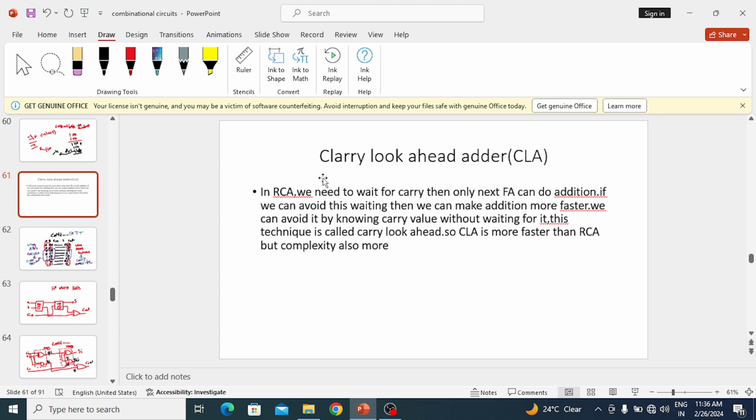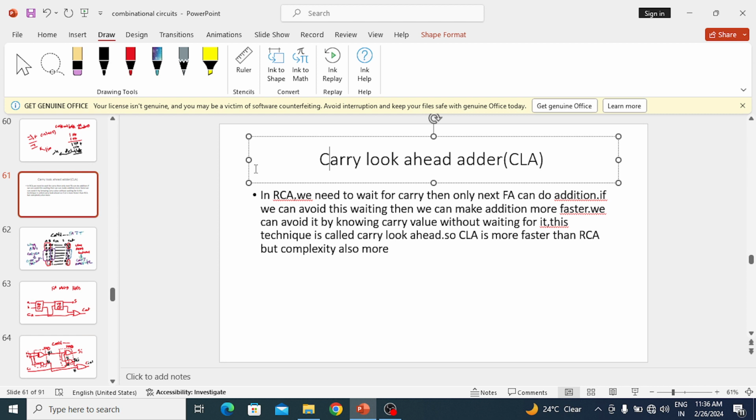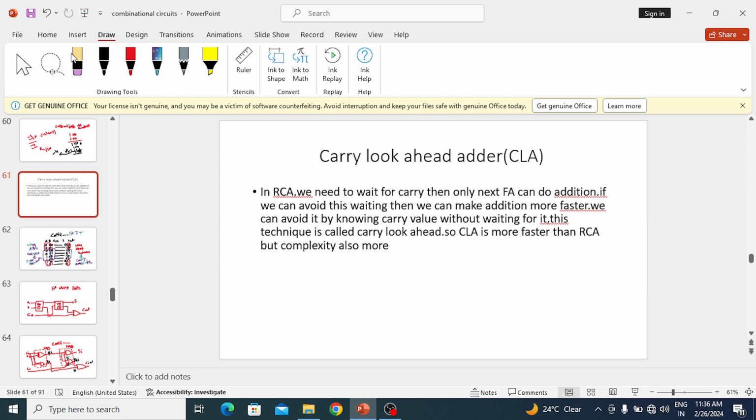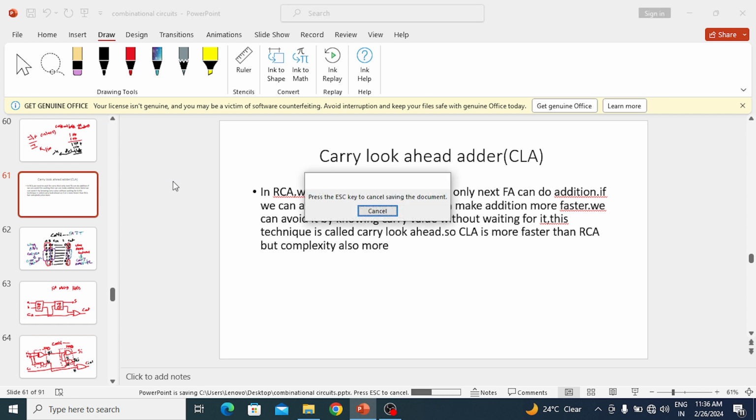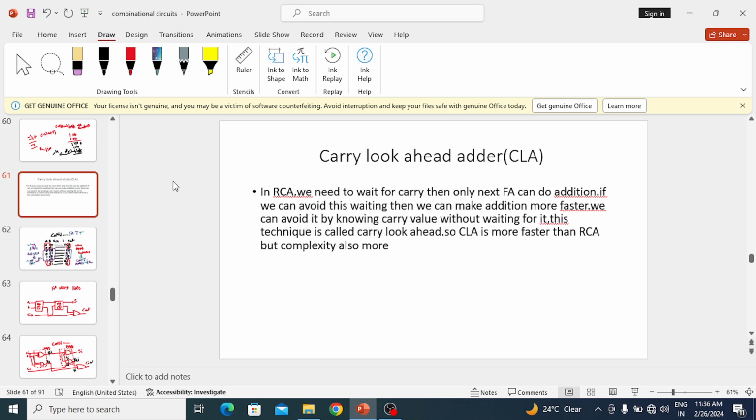Look means knowing or seeing the carry. Ahead means before, without waiting. So in this lecture we'll see how we can know the carry value without waiting, so that we can avoid the waiting and make this addition faster.